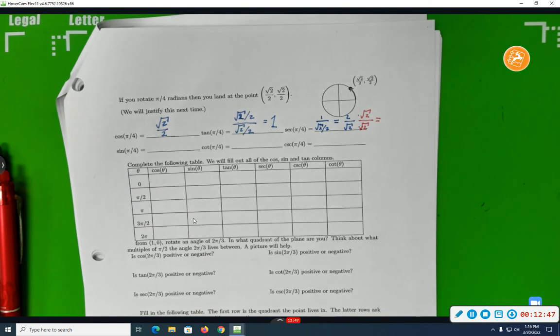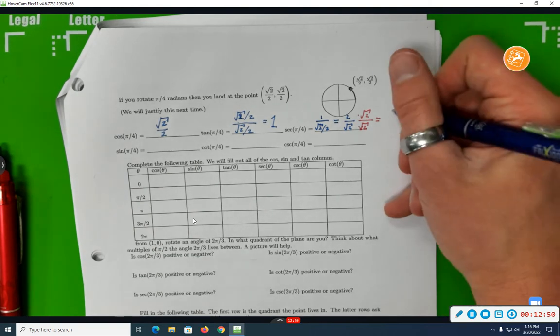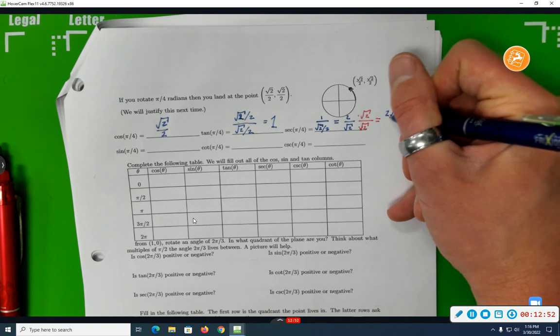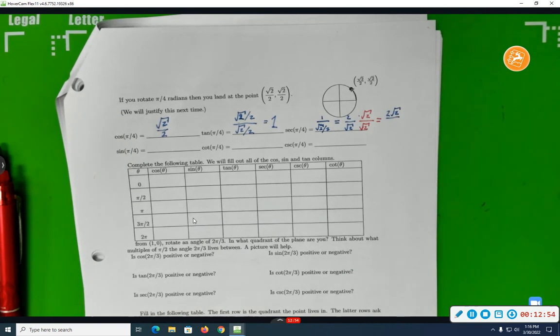So the numerator I'll just multiply. It's now 2 square root of 2. What is the denominator now equal to? Just 2? Right, square root of 2 times the square root of 2 is the square root of 2 squared. And what's the whole point of square root? It undoes squaring.